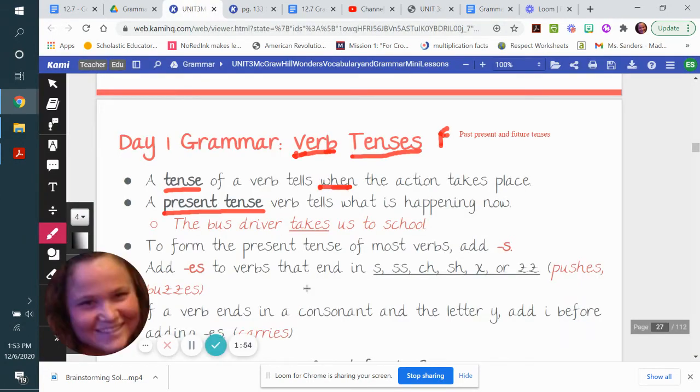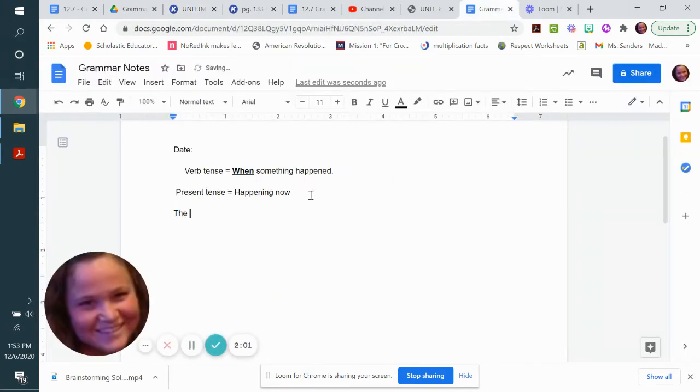All right, so the example that they give is the bus driver takes us to school. This is the present form of this sentence because it's telling you that it's happening right now.